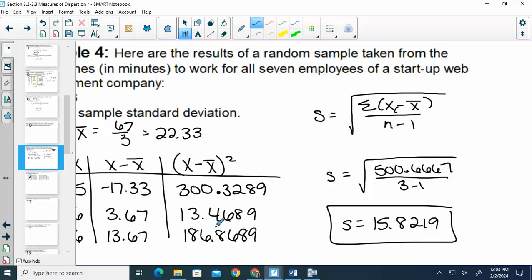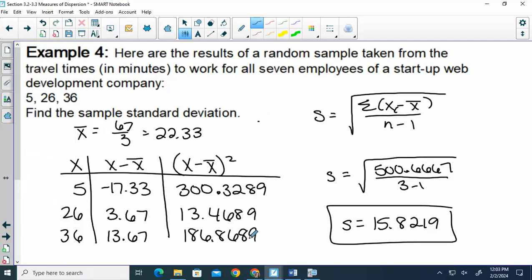Okay. Let's talk about our standard deviation for that first example when we had McDonald's and Wendy's. So we kept it all in our calculator.